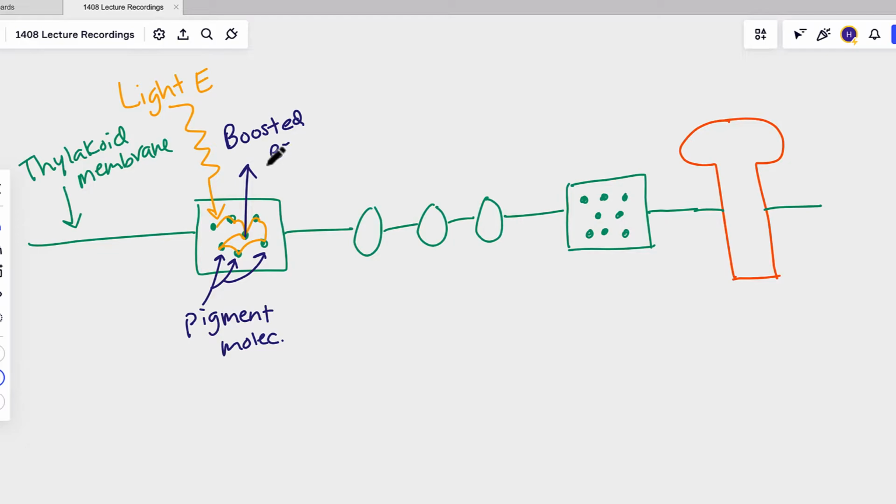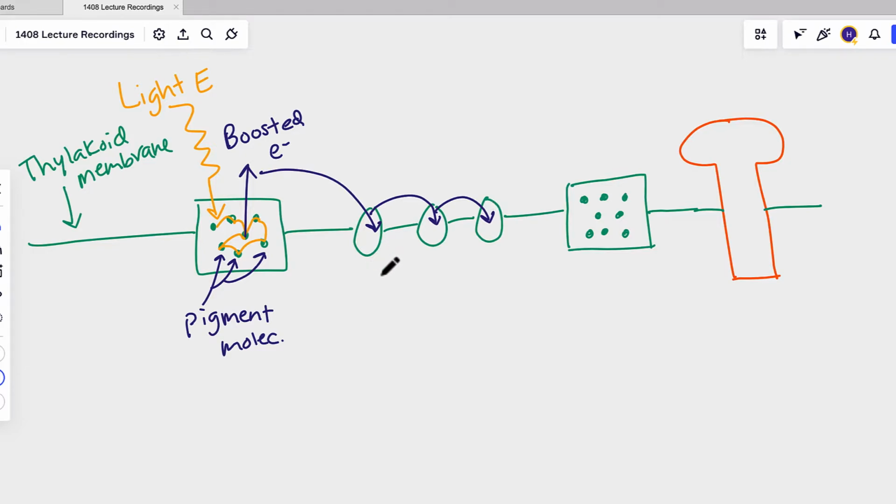Those electrons are going to get passed over to this chain here of complexes, and it gets passed from the chain from one to the next to the next. And this is a chain of electron passing complexes. It should, if you've done cellular respiration, look very familiar to you.